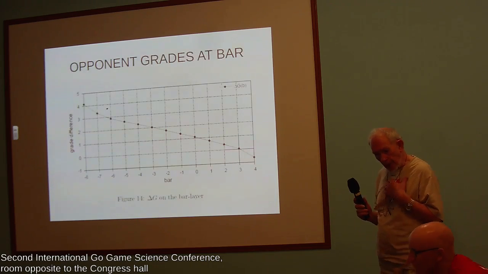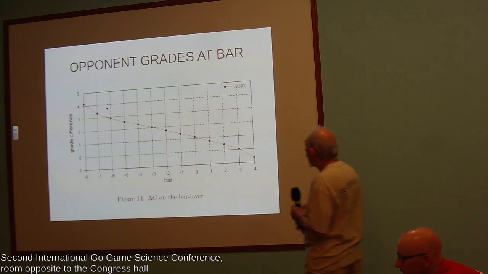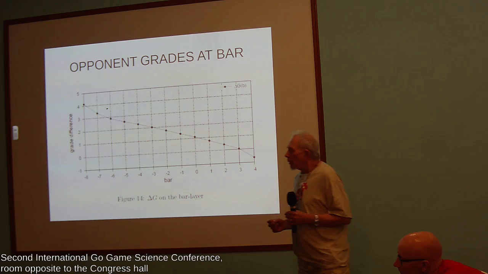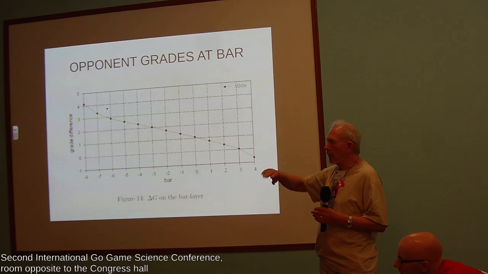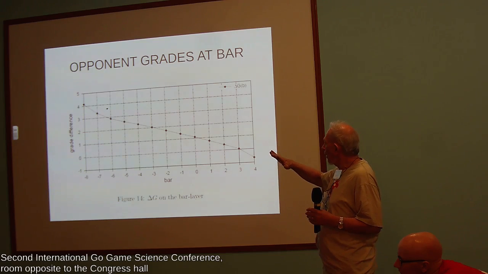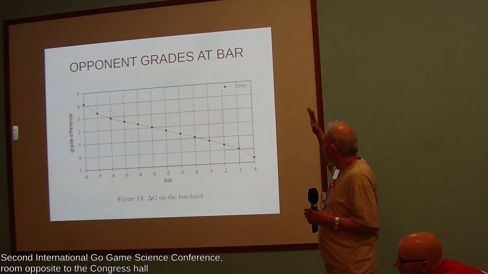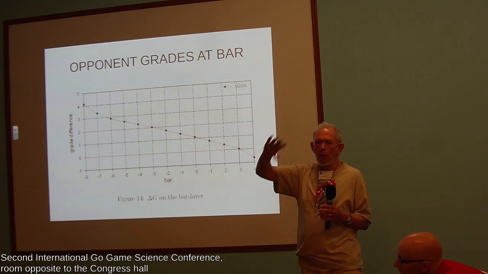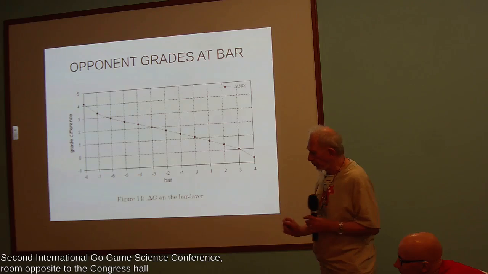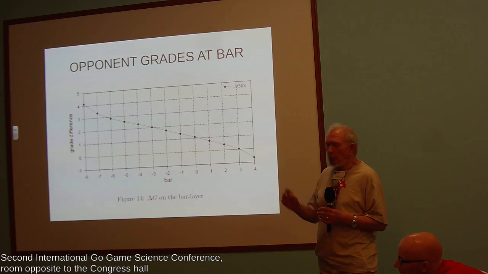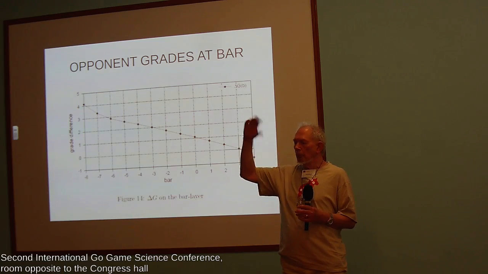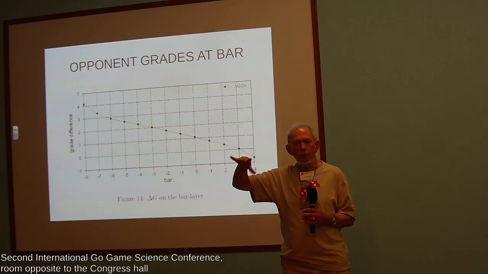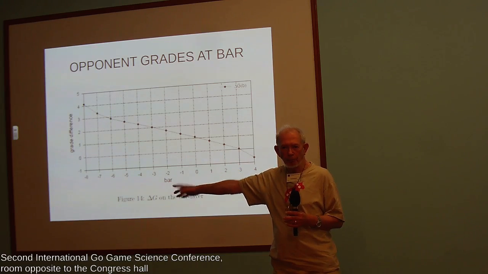Yeah, thanks. So this is what happens when we look at, let me just say this again, the grade difference depends on the bar and the grade. So in other words, you can think of this as a surface in a 3-dimensional space.